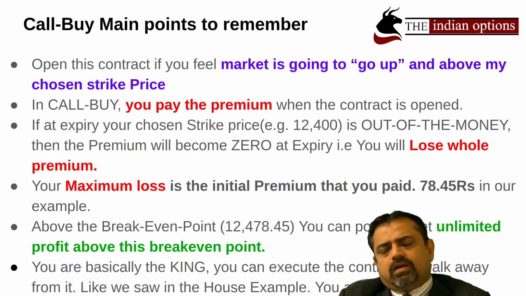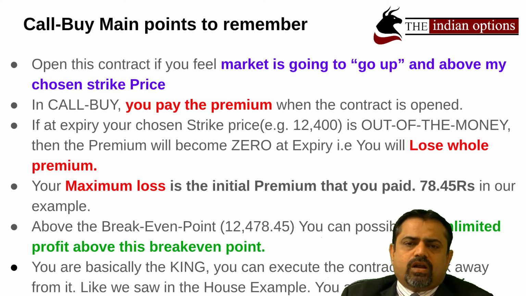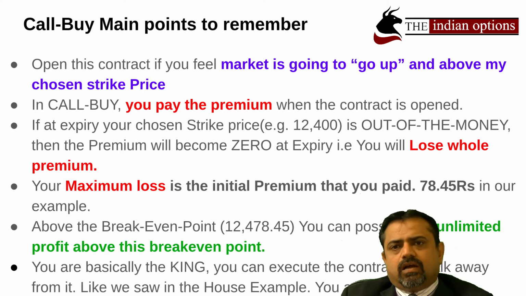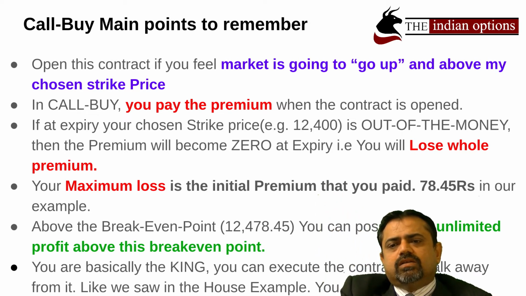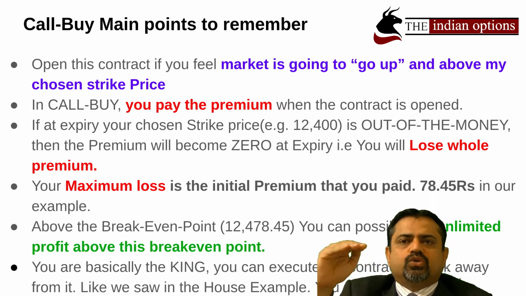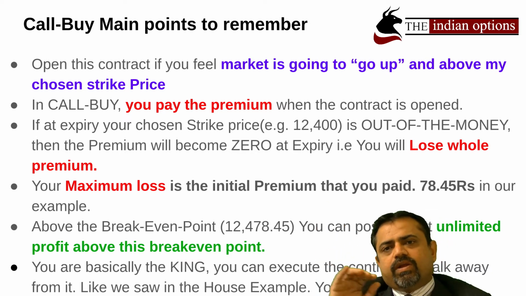Now, some points to remember when you are opening a call buy contract. You open this contract when you feel that the market is going to go up and above your chosen strike price. This is really very important.